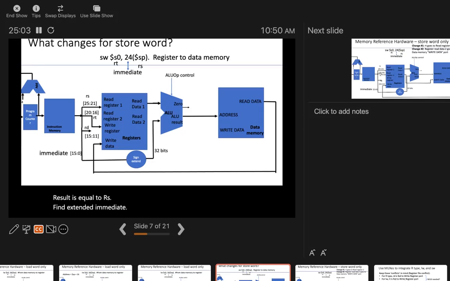Data address is equal to ALU result. And then RT value goes to data memory.